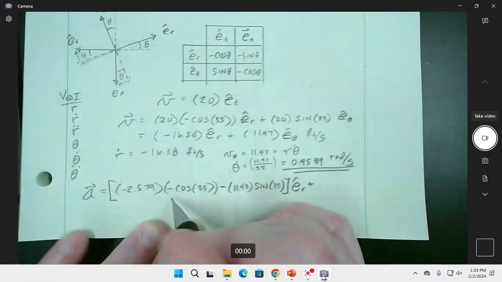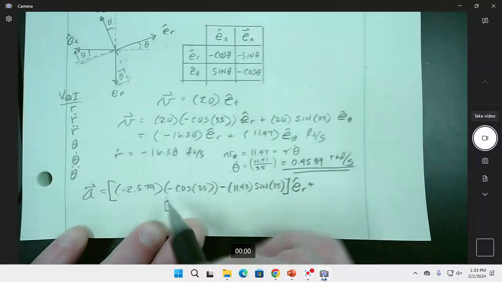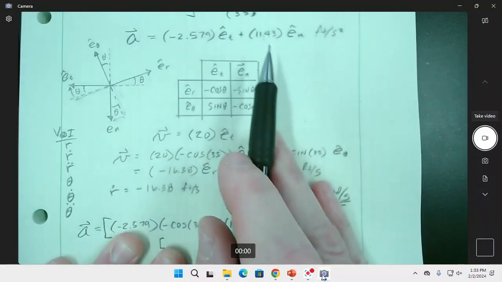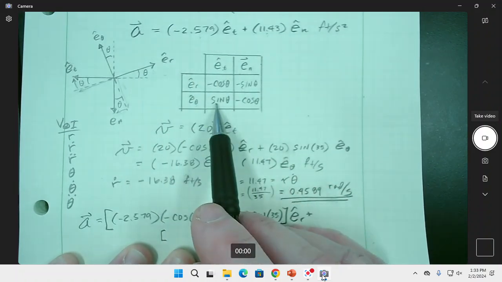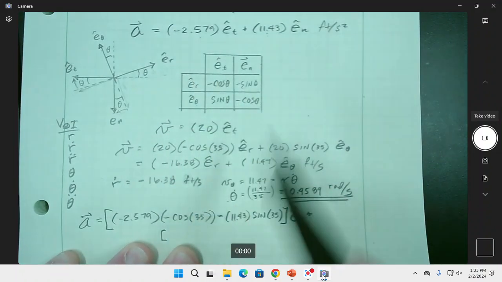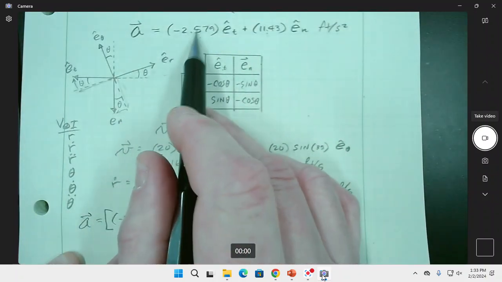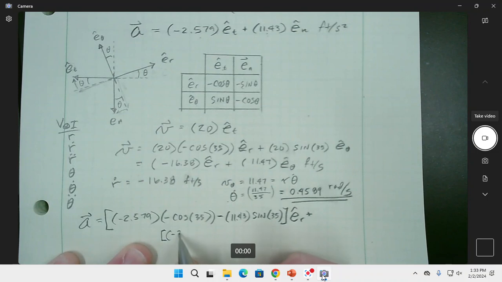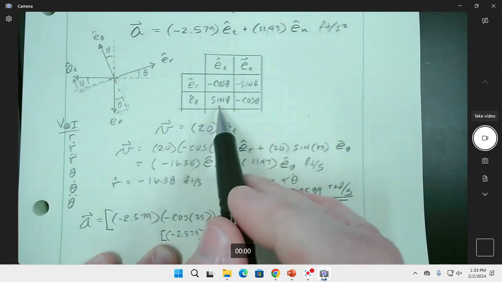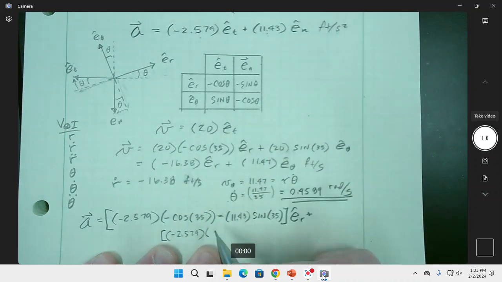So anyway, we go through the next part of it. We're going to go down through this row right here. We're going to take this, which is the ET, times that. So we've got a negative 2.579, and we're going to multiply it by the sine of 35.